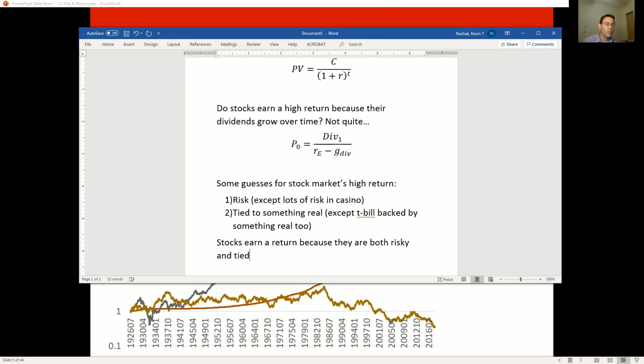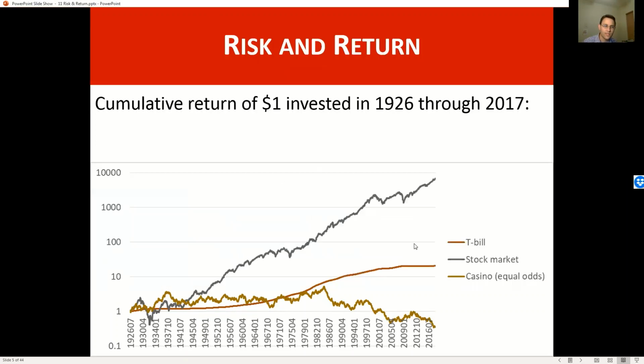They're risky in a way that is tied to the real economy. That's how we can triangulate these three types of investments and explain why the stock market can earn a high return relative to the T-bill and a casino.